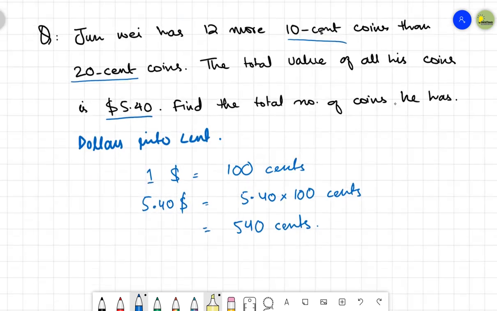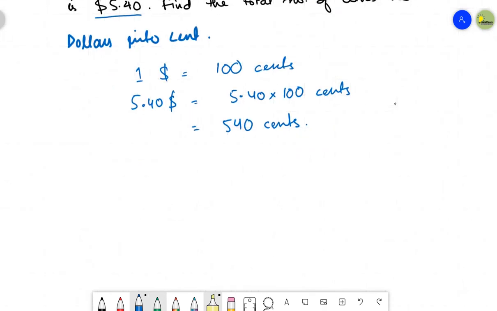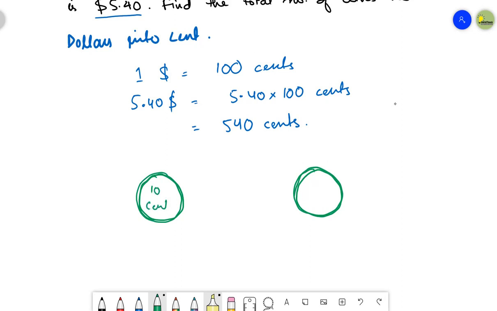Now, first of all, we must assume the quantity of the coins. Let's suppose these are my two coins. This coin is worth 10 cents and this coin is worth 20 cents. And we know that there are 12 more 10-cent coins than 20-cent coins. So let's assume the quantity of 20-cent coins that he has is x.